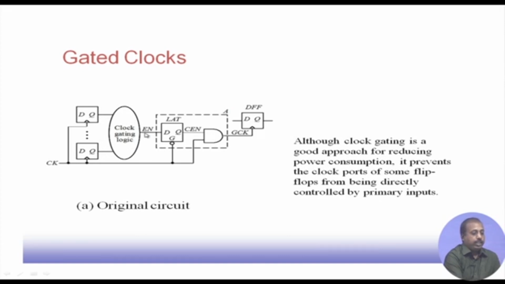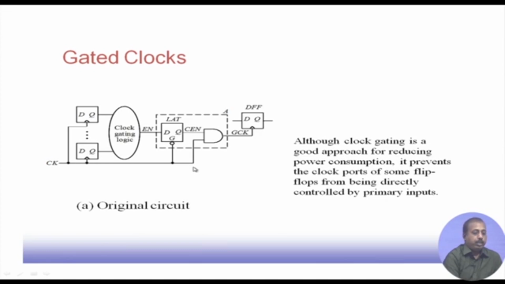Clock gating logic generates this enable signal, and this enable signal is latched here, and then this is ANDed with the clock, and this finally generates the clock enable. So, this clock enable line is generated, and that is the gated clock given to the final D flip flop, where we should have connected the clock line.